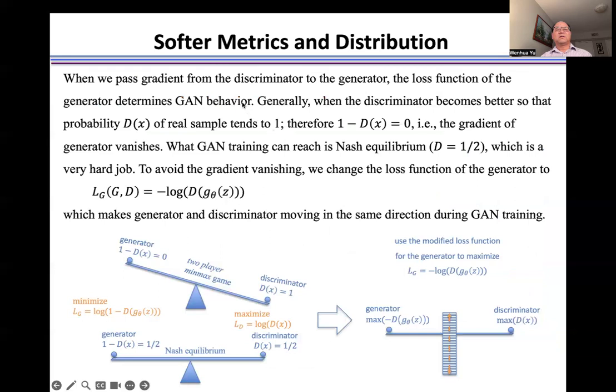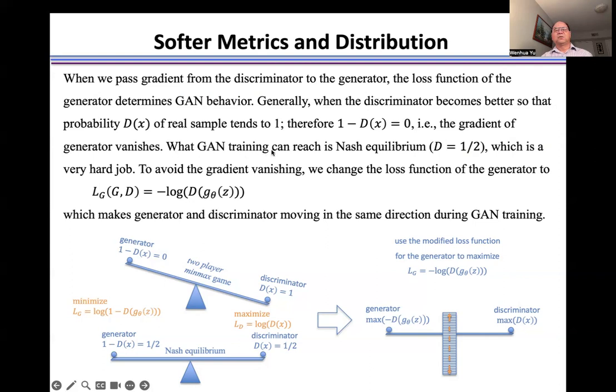When we pass gradient from the discriminator to the generator, the loss function of the generator determines GAN behavior. Generally, when the discriminator becomes better, the probability D of the real sample tends to 1. Therefore, 1 minus D is 0, namely the gradient of the generator vanishes.